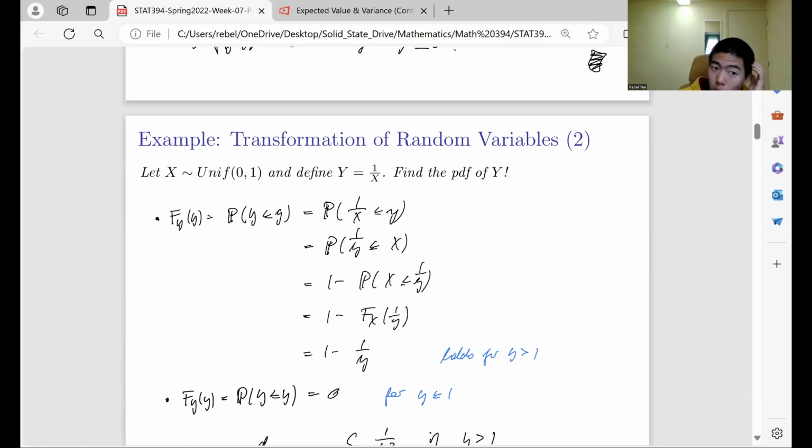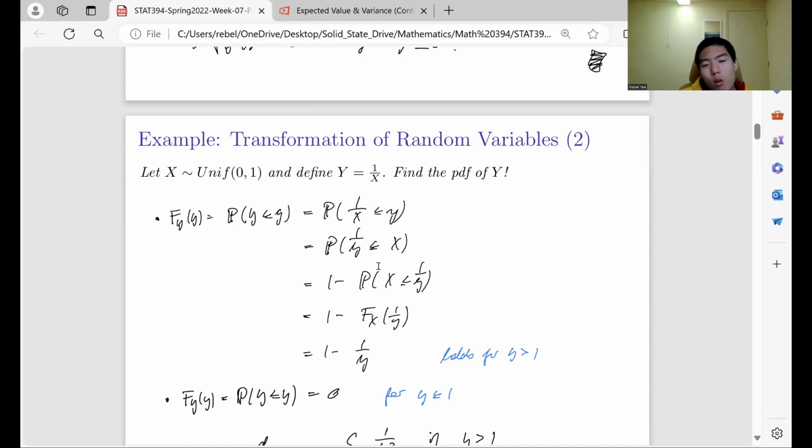And because we know the distribution of x, we want x to be the random variable. So in this case, it's equal to 1 minus P(X smaller or equal to 1/y). Why is this correct? First of all, we change the direction of the inequality, so the probability will be 1 minus.